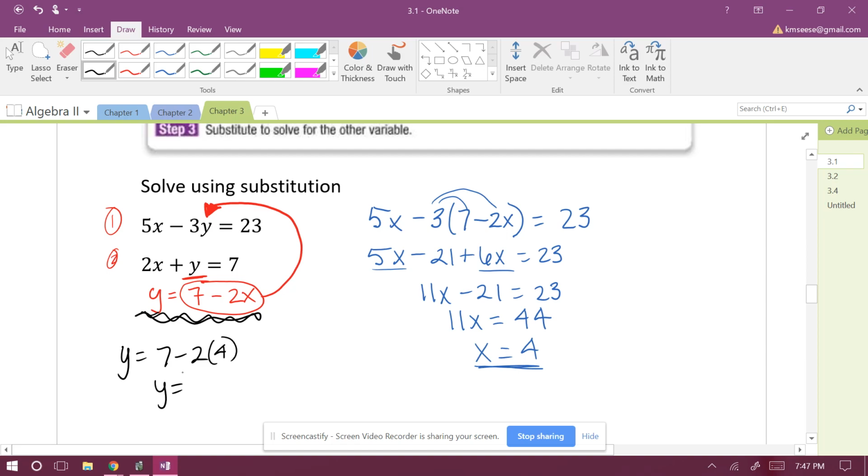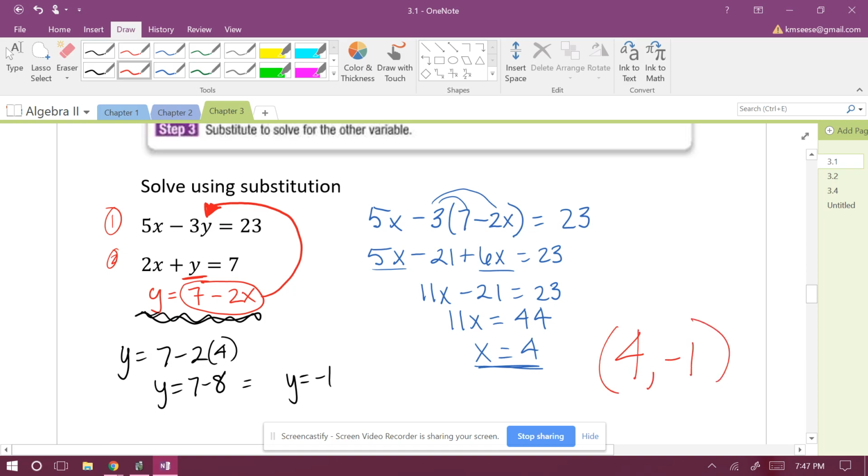So y equals 7 minus 8, so y equals negative 1. So my ordered pair here, my final answer, be careful with the ordering, x is 4, y is negative 1.